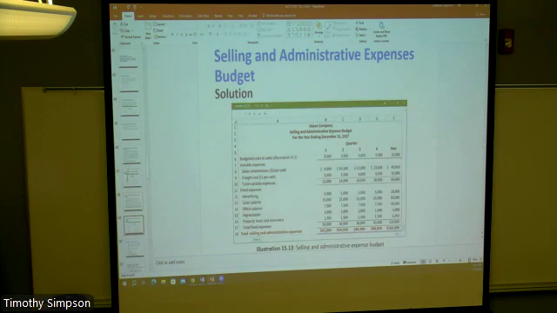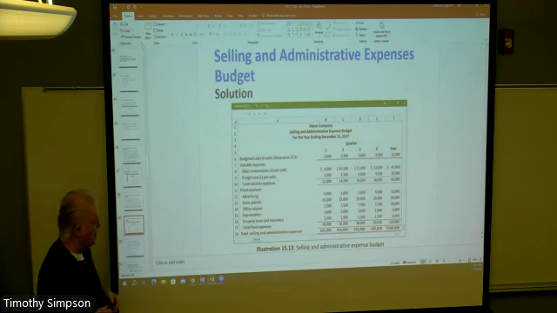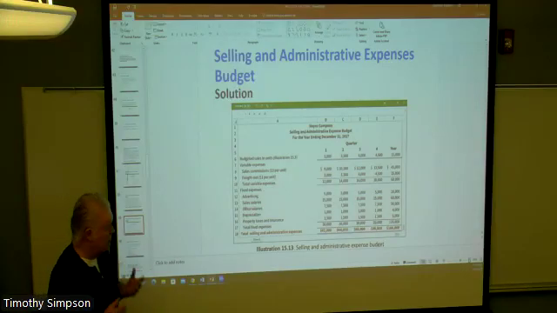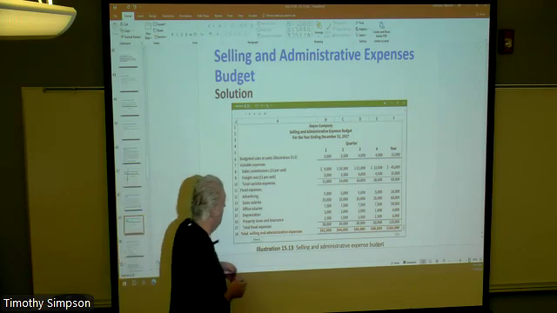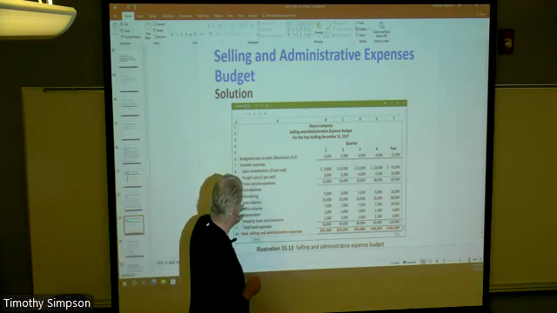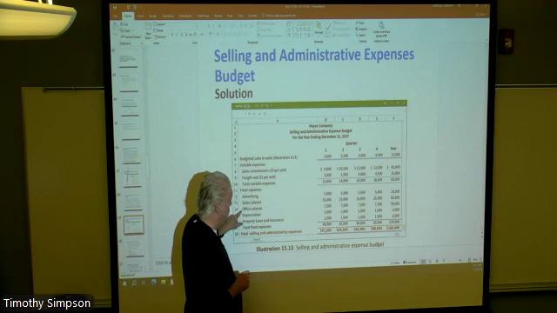Remember, and I sometimes go back to earlier discussions in this class, but remember that we differentiate between line and staff personnel. When we talk about salaries, these are mostly staff personnel.